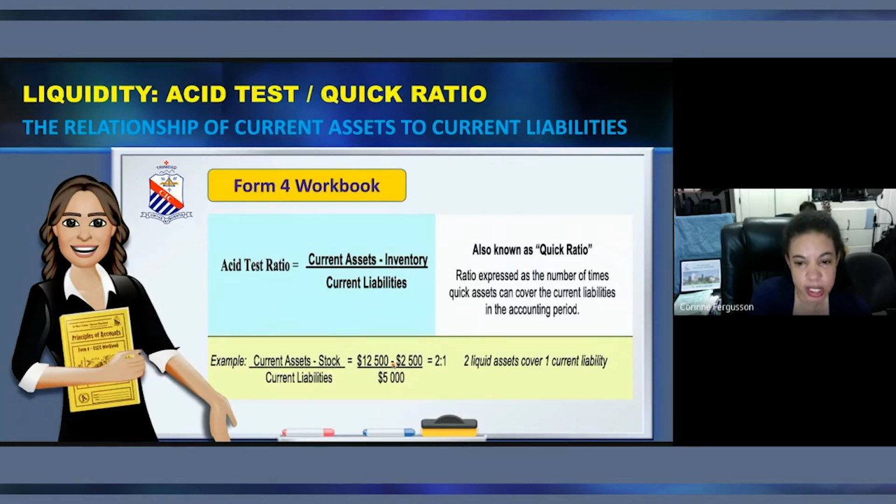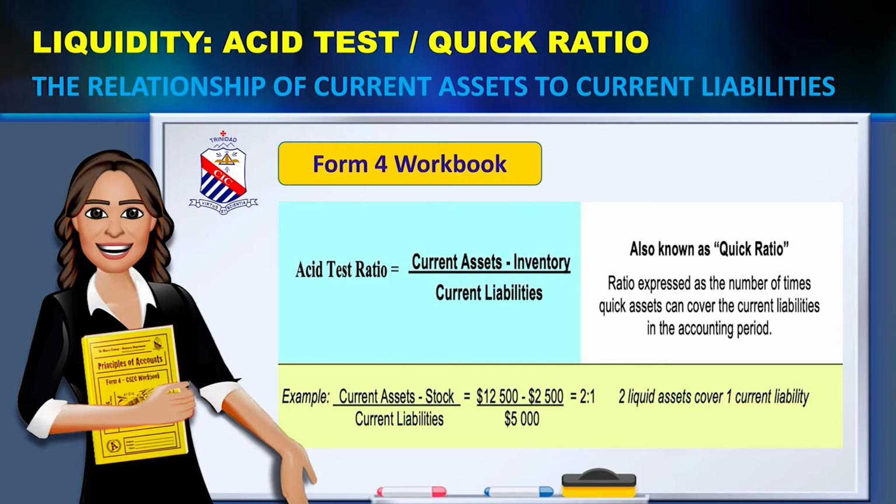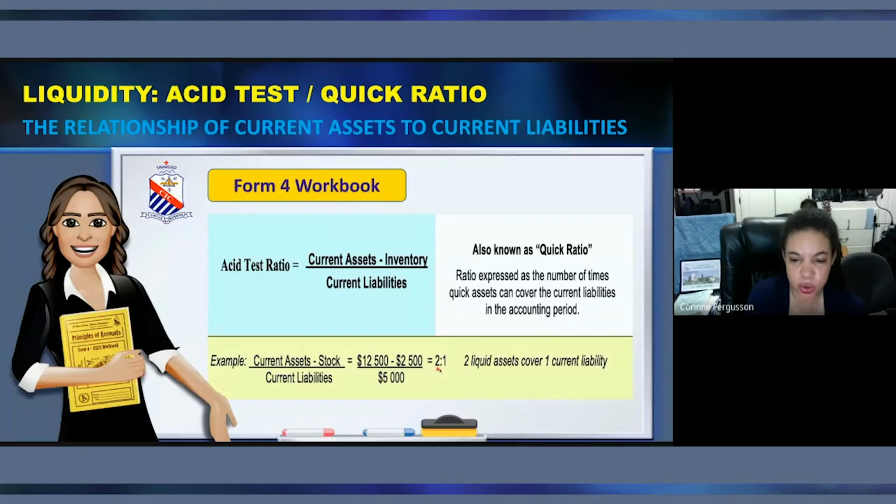Your inventory is 2,500. So we're going to take that away from your total current assets, and you divide it by your current liabilities, which still remains as your 5,000. And the answer you get is 2 colon 1. So 2 to 1, that means you have 2 liquid assets or quick assets to cover the 1 current liability.